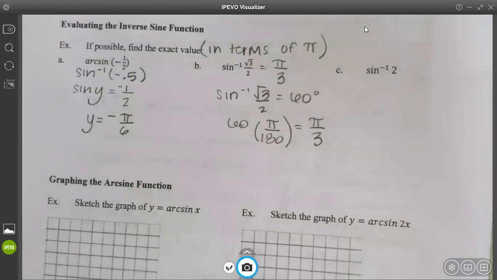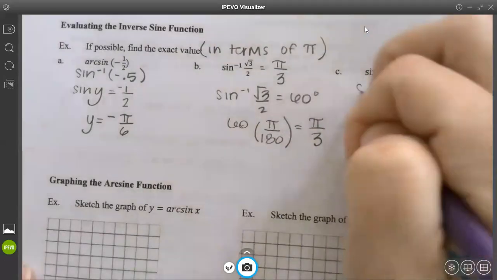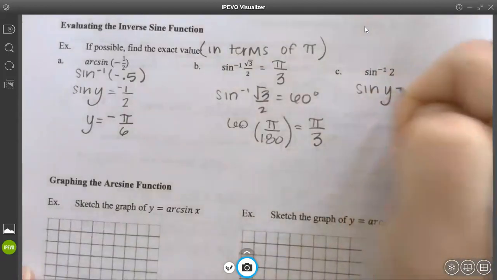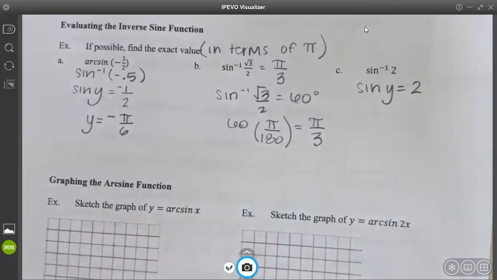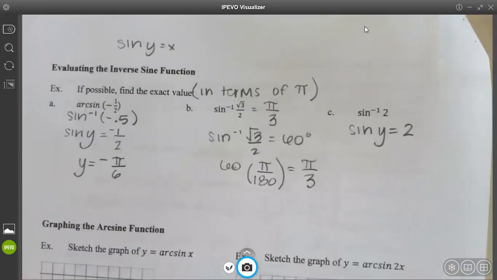All right, sine inverse of 2, what do I do? I can write it as sine y equals 2. What did we plug 2 in for? What was our x values? Where are our x values? Go back to that first sheet that we just did at the very bottom. Where could our x values go for the arc sine?